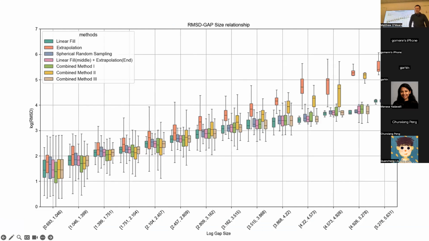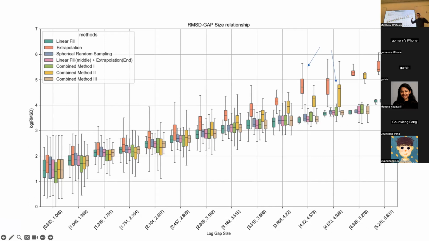Well, it's hard to read. So first, I want you to pay attention to this red box and yellow box. These two blocks mean extrapolation and combined method too, and they generally use extrapolation to generate figures. So when the gap size is really large, extrapolation can perform very well.